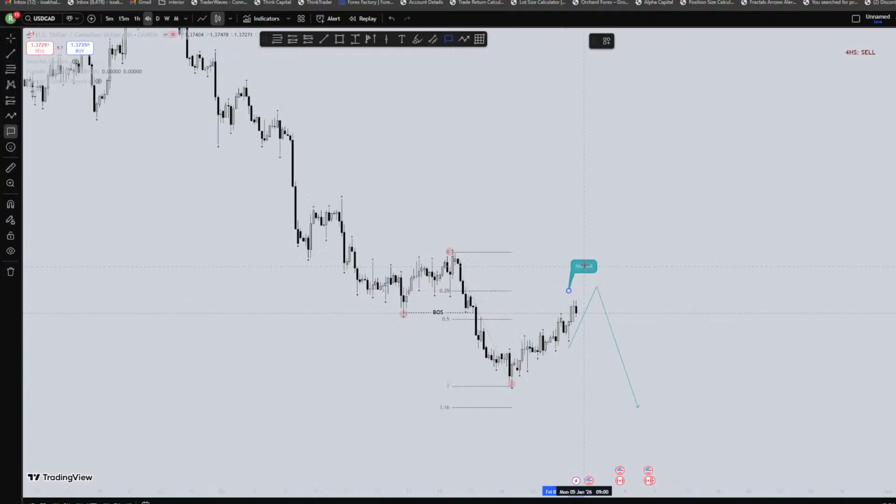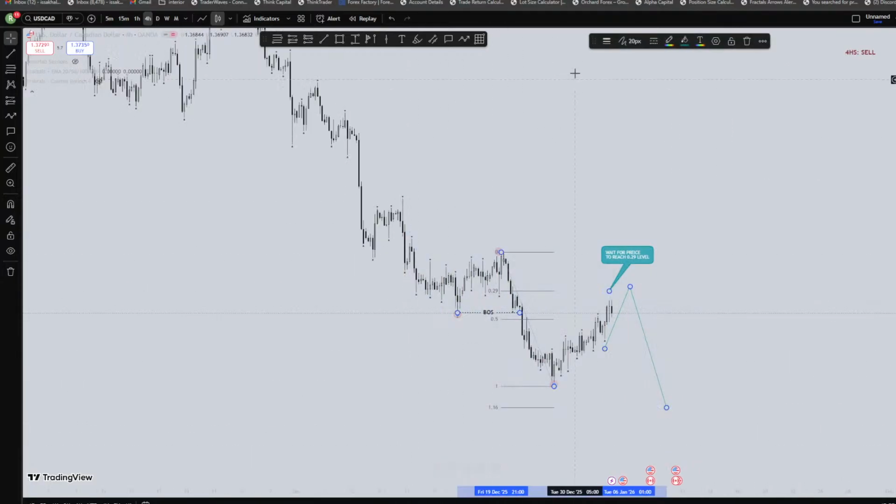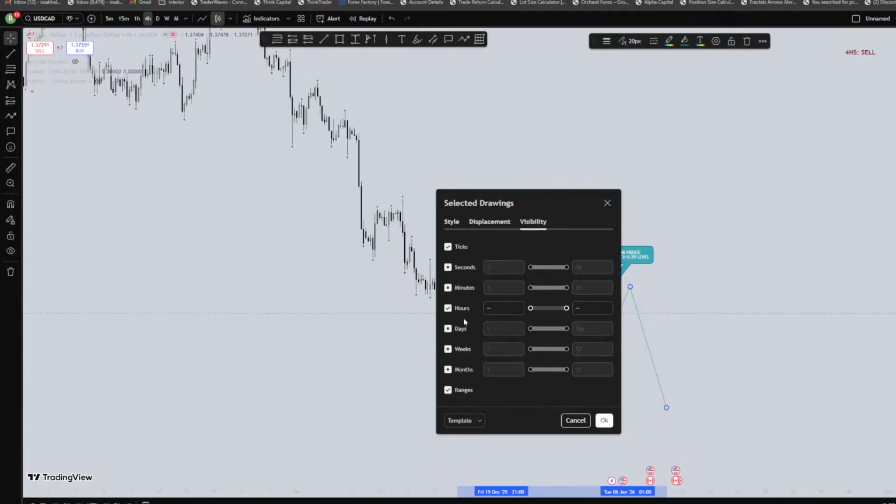So we will leave a note here, say wait to reach 2.29 level. Don't mind how I draw my fib, that's just how I draw it. Same thing. Okay, so that's it.